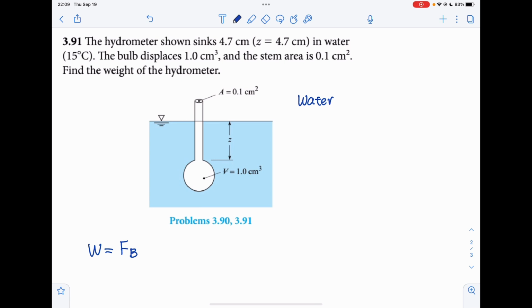So for this problem, we have water at 15 degrees Celsius. So our gamma water will be 9,800 Newton per cubic meter. Okay.